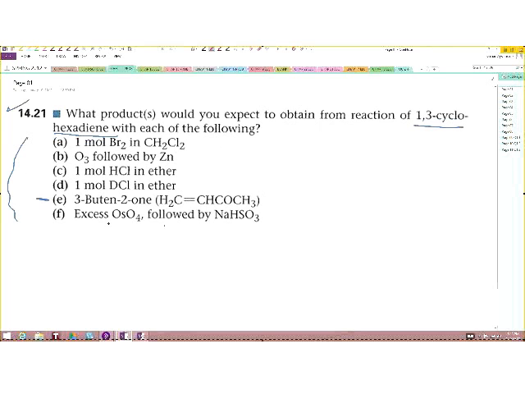So the first thing we need to do here, we need to know the structure of 1,3 cyclohexadiene, right? And that will be this here. It's a 6-member ring molecule, the cyclohexadiene 1,3. So we have a double bond here, another double bond here. So this will be a conjugated system.